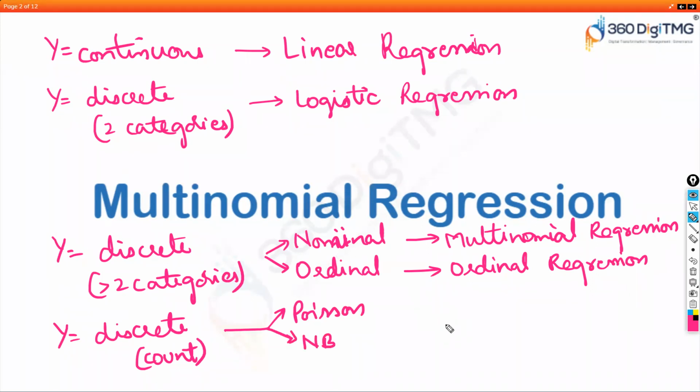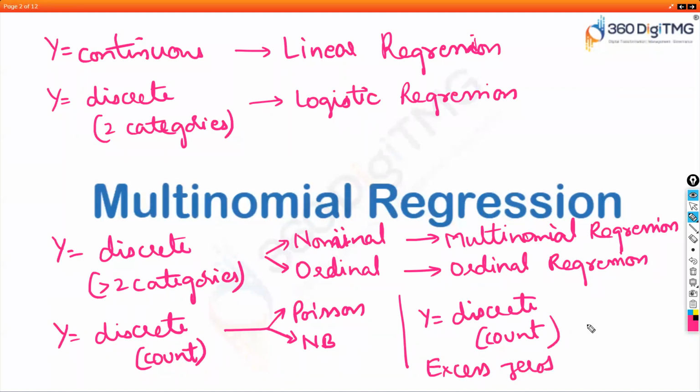And in certain use cases, if the output variable is discrete and count, and if you have excess zeros to deal with, then you proceed further with zero inflated Poisson or zero inflated negative binomial or hurdle models. This is a high-level picture that we should be aware of.